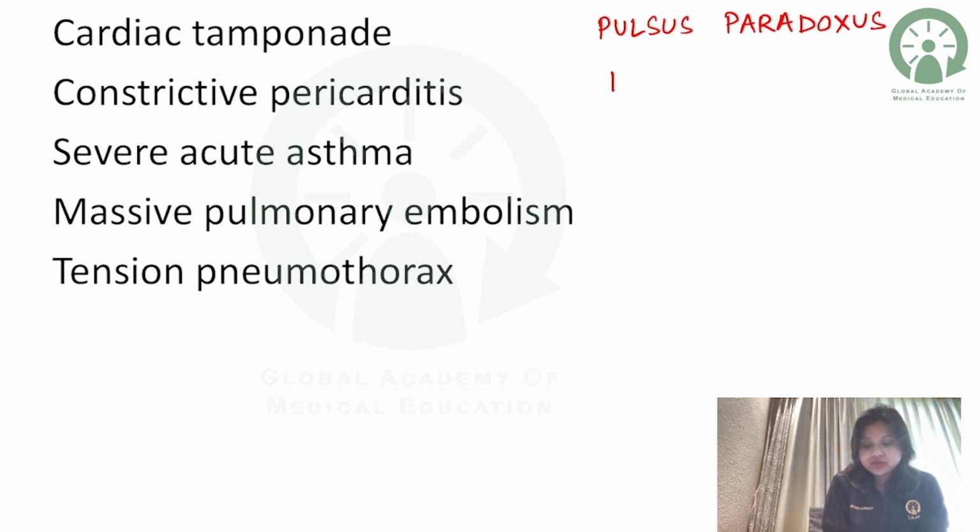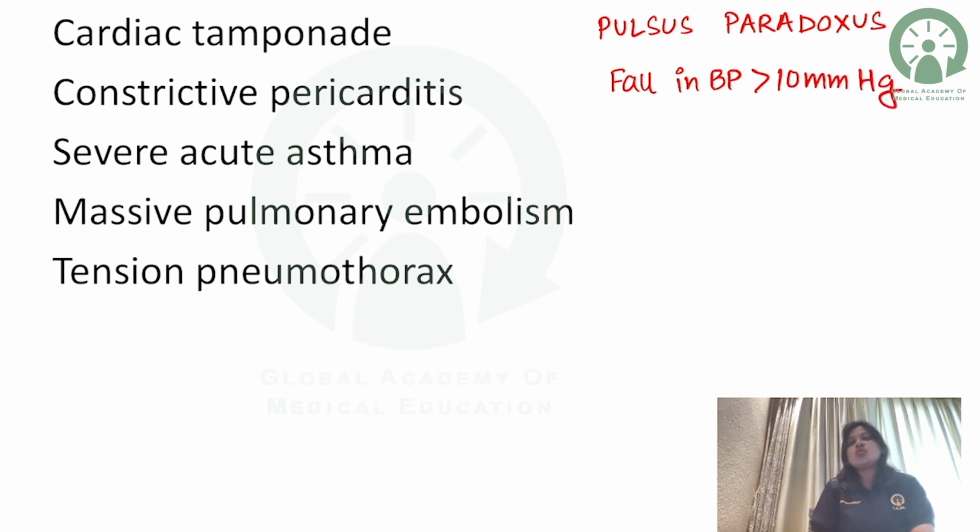So a fall in BP of more than 10 millimeters of mercury is what is known as pulsus paradoxus. And here we have the causes of pulsus paradoxus. Again, this is a very, very important question, from your physiology, medicine, as well as pediatrics points of view in your examination. So, pulsus paradoxus causes: number one is cardiac tamponade.